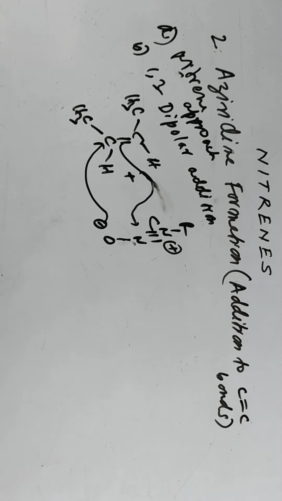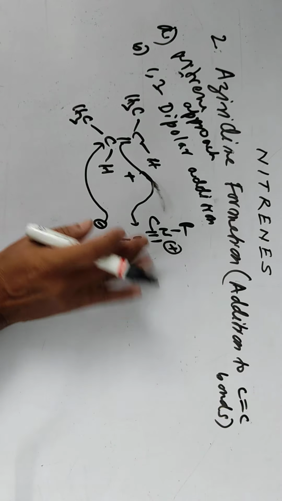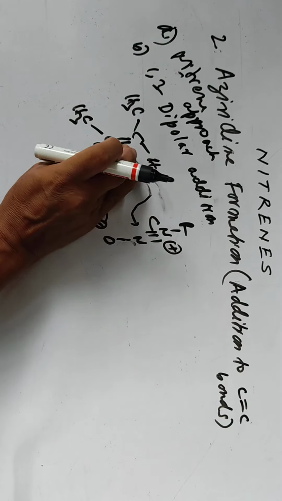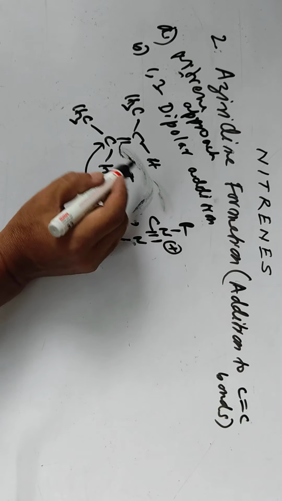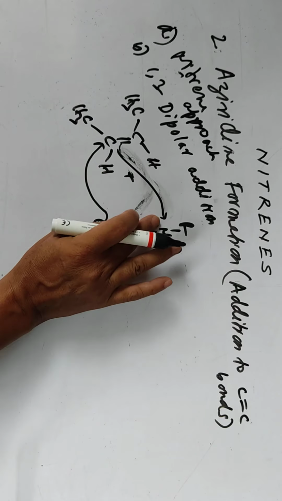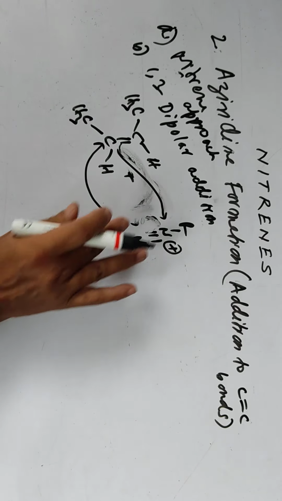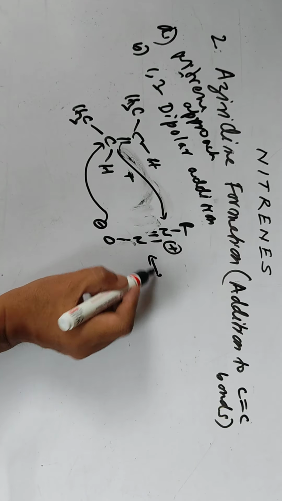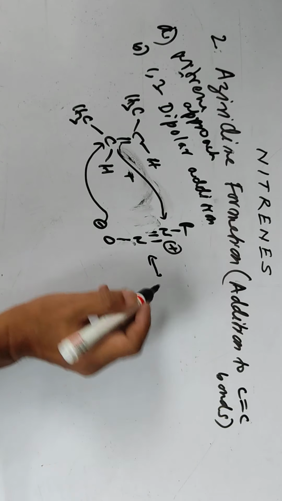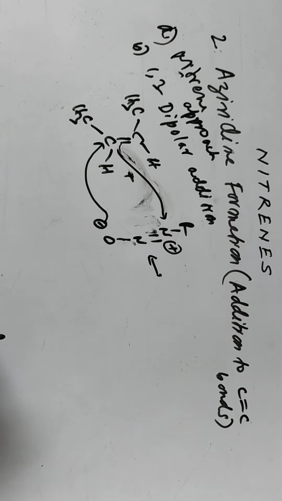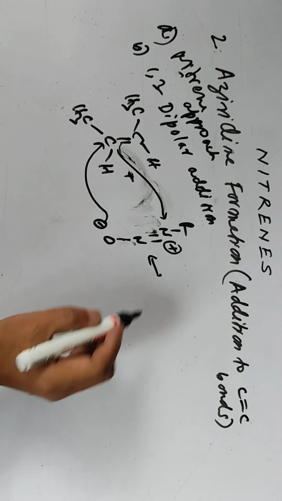So we got compound 1, 2, 3, 4. You can also have another way, first this one, or you can write this another way. This you can have as the product.